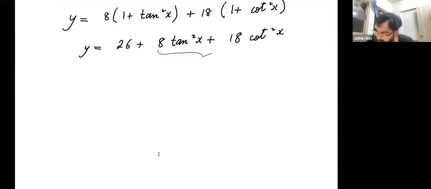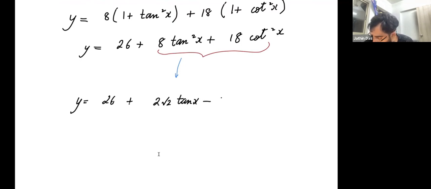Find this easily. So I'll write it like this only: 26 plus, 2 root 2 tan x minus 3 root 2 by tan x, whole square, plus what will come? Tell me.